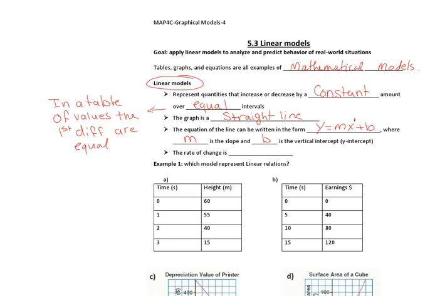For example, y equals 2x plus 5 represents a linear relation. 2 represents your slope, and 5 represents your y-intercept.